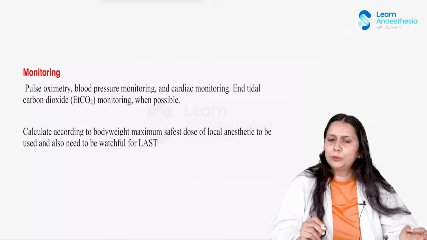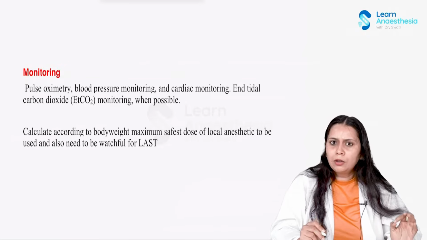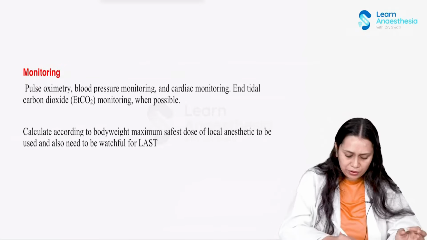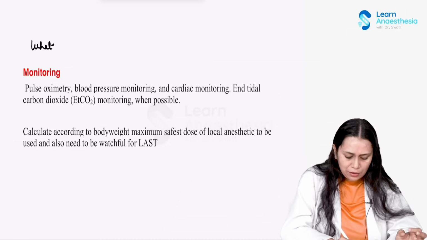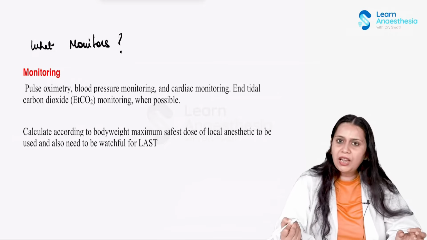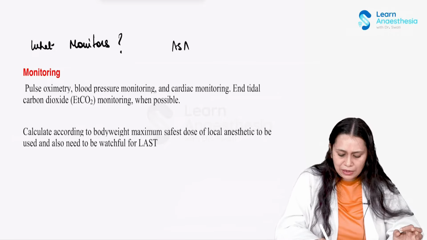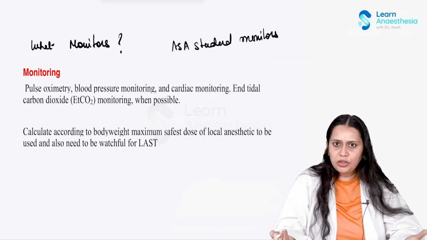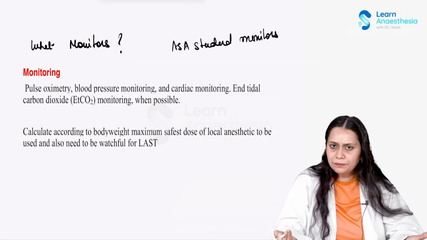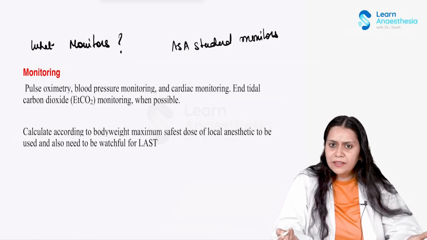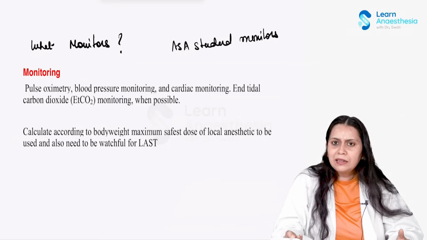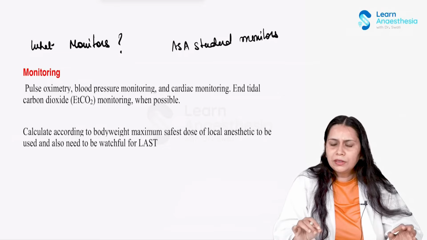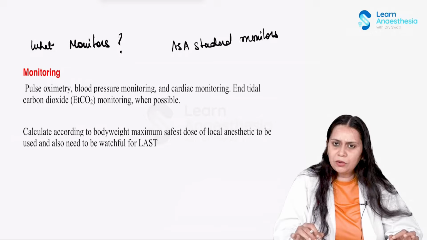Now, what monitors should be attached during the procedure? All basic ASA monitors. So for monitoring, we should attach all the ASA standard monitors. So, what are the ASA standard monitors? ECG, pulse oximetry, then non-invasive blood pressure monitoring, and during the procedure, if possible, capnography also.